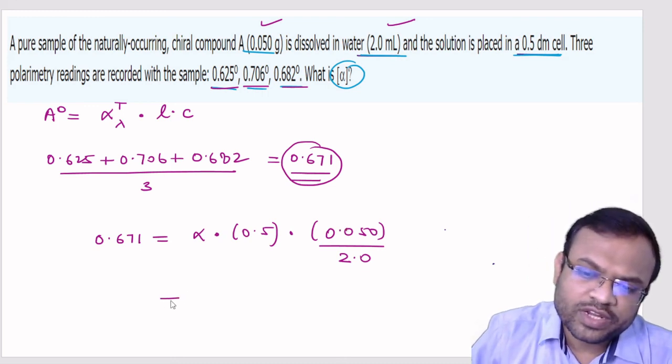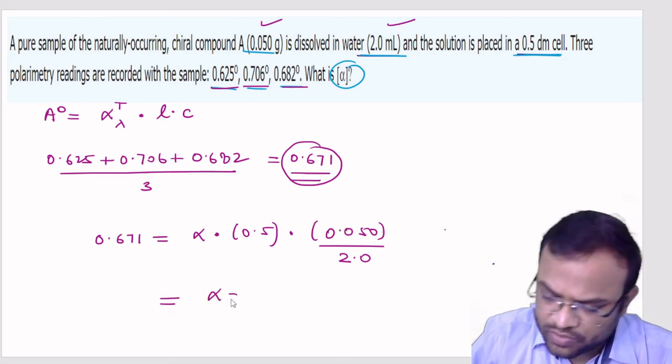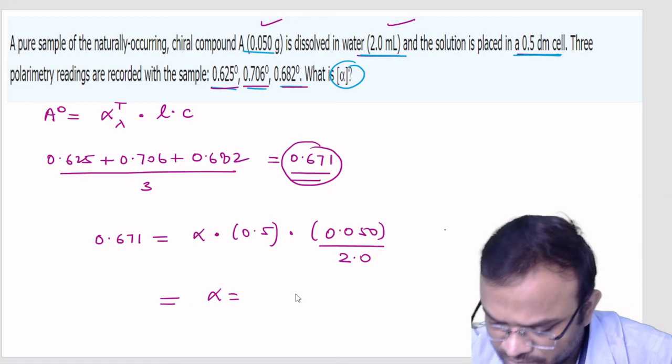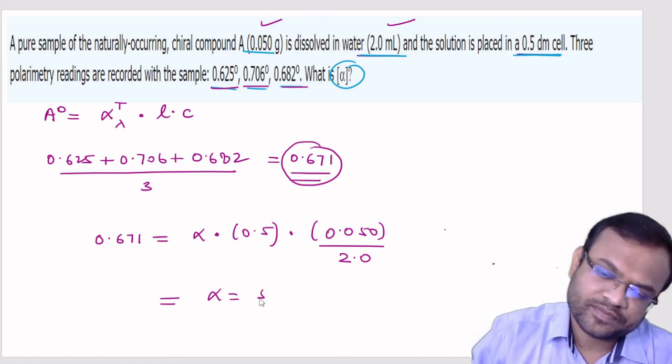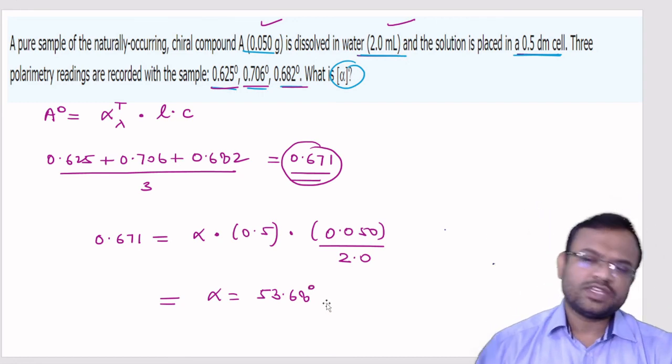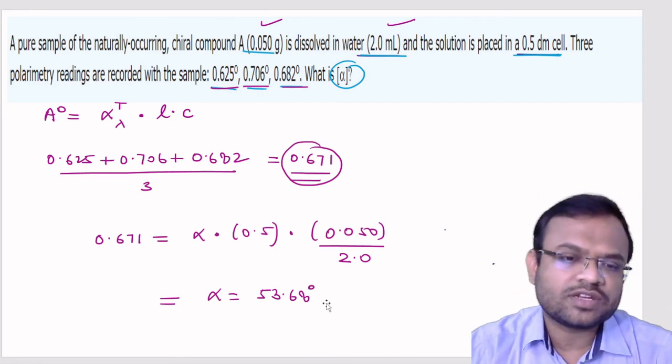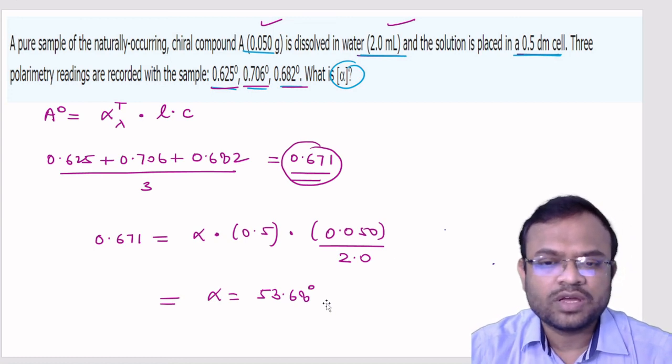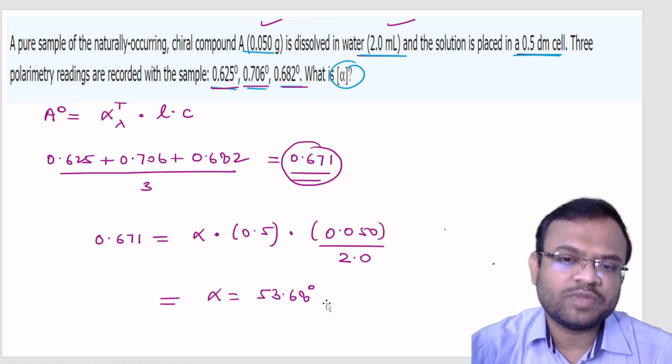If you solve this, alpha would come out to be 53.68 degrees. So this would be the answer of this question. These types of questions have already been asked in the optical rotation concept. I hope your concept about this is clear.